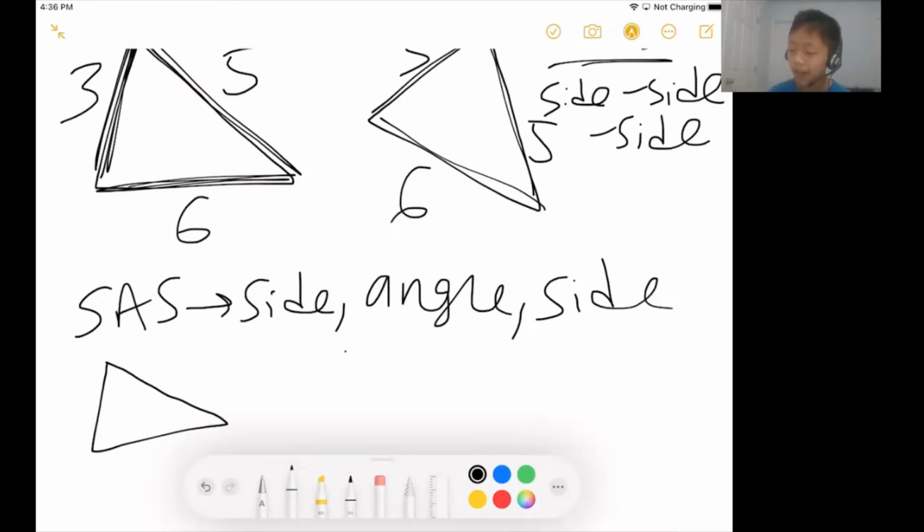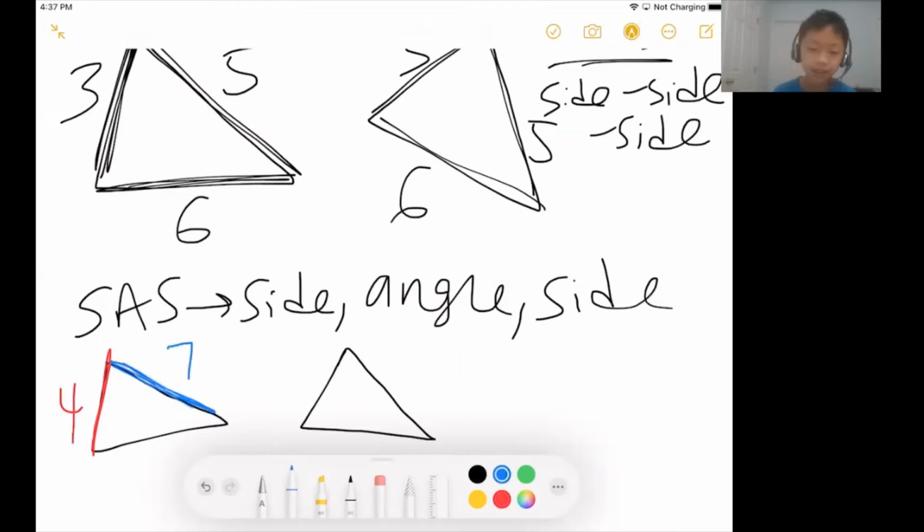So let's say you have your 2 triangles, and let's say you know this length is 4, and this other length here is 7. And let's say you know this angle in between them is 60 degrees. And let's say in the other triangle, you also know that the triangle has a side length of 4 and a side length of 7, and the angle between them is 60 degrees. Then we can conclude that these two triangles are congruent by SAS congruence.